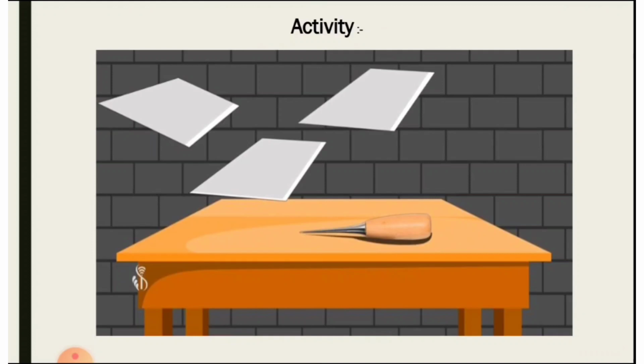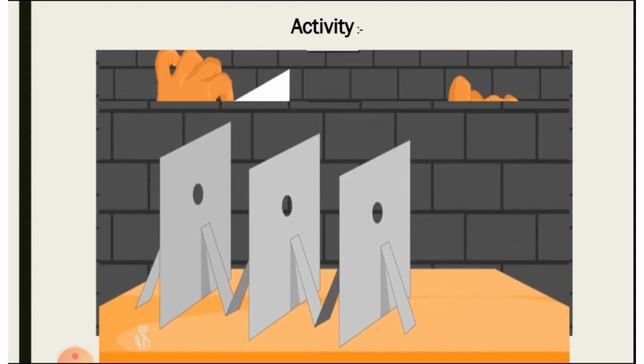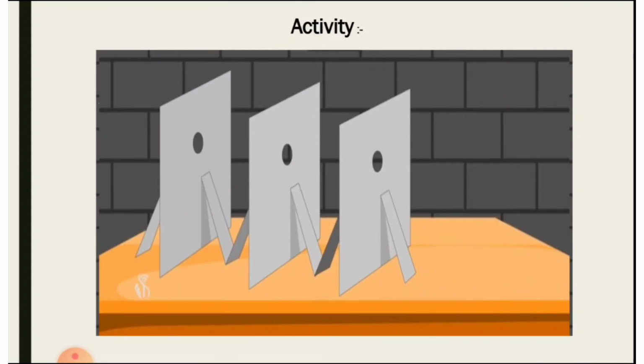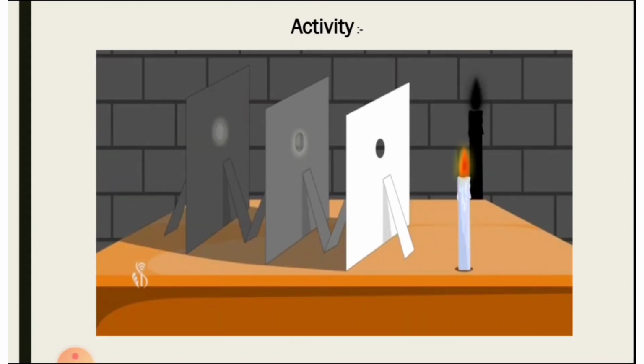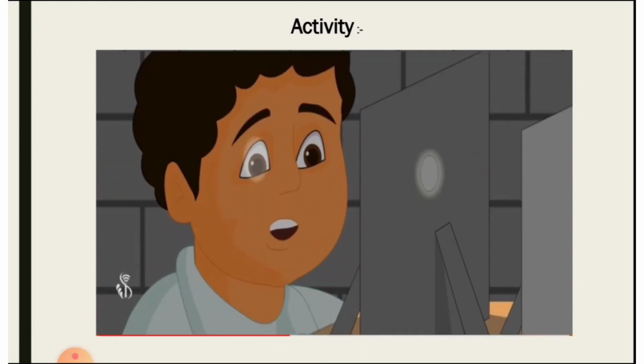Take 3 cardboards. Make a small hole in the center of each cardboard using a thick needle. Arrange the cardboards in such a way that the 3 holes are in the same line. Stand a burning candle on one side of the cardboards and look at the flame of the candle from the other side.